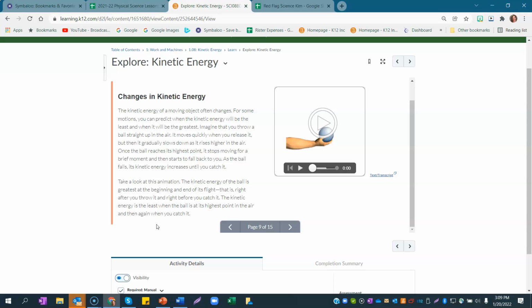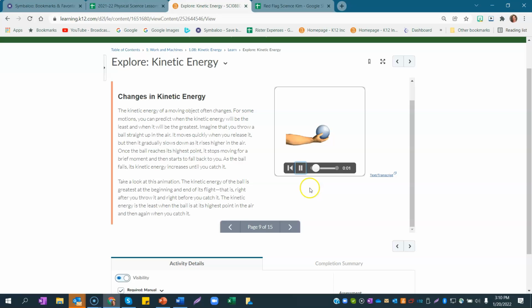It's very easy to draw if you had a hand and a ball, and you drew an arrow going up and then coming back down. The kinetic energy is the highest at the bottom when you first toss it and at the bottom when you catch it. So the kinetic energy is the highest almost at your hand, and it's the lowest at its highest point in the air.